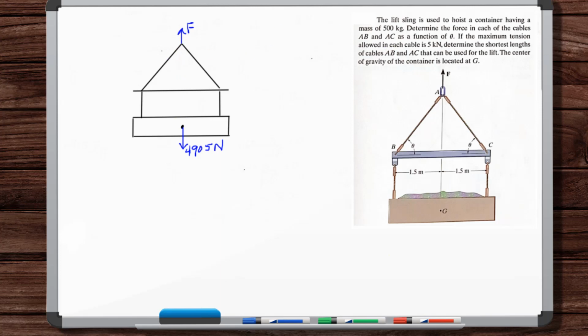So if we wanted to, we could have drawn our free body diagram as a particle, but we're going to leave it like this.